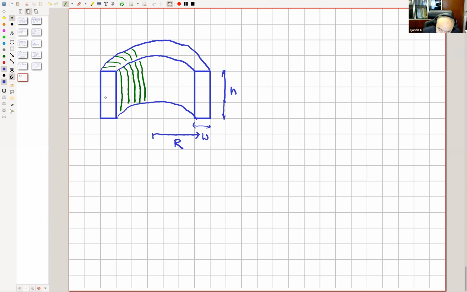Now, imagine this green going all the way around it like this. The first question that I have is, in which direction does the magnetic field point if green has a current?